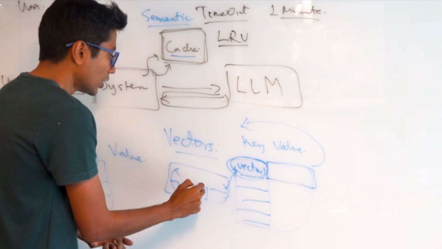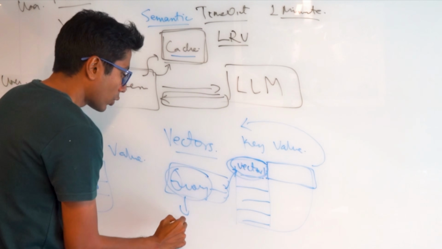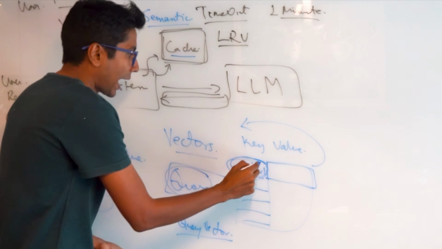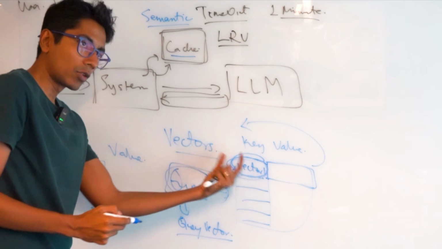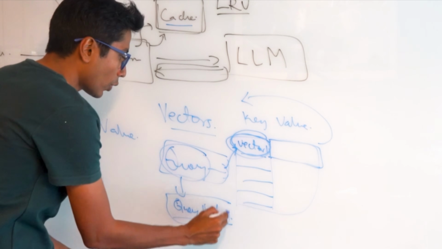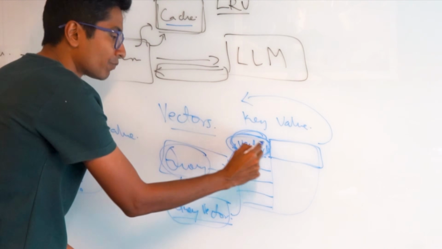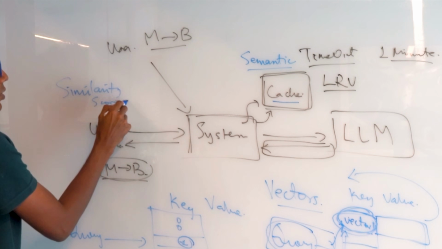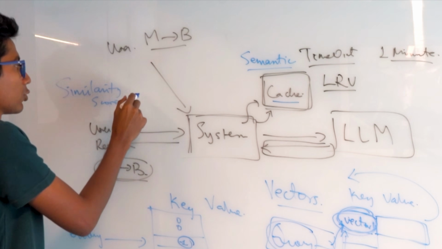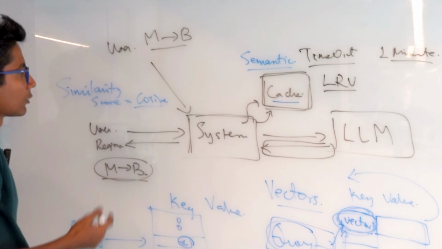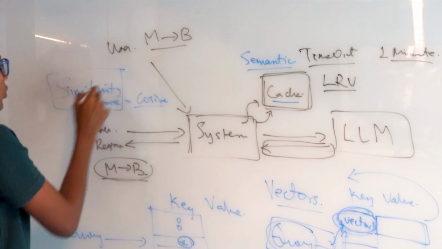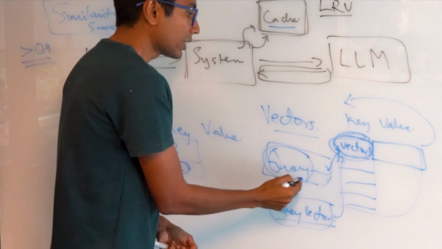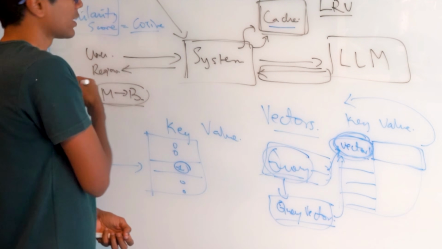If the query is converted into a query vector, a mathematical representation of it, and the previous queries are converted into vectors, if these two queries are close to each other semantically, then we assume that the similarity score is going to be high. There are many ways to calculate similarity. Cosine similarity is really popular and fast. Google has its own thing. But if the similarity score is greater than 0.9, then we say that this is the same query that people had asked earlier. And so now we can give a response.